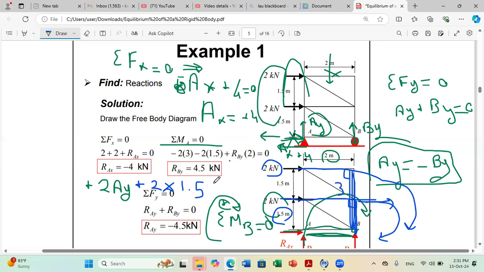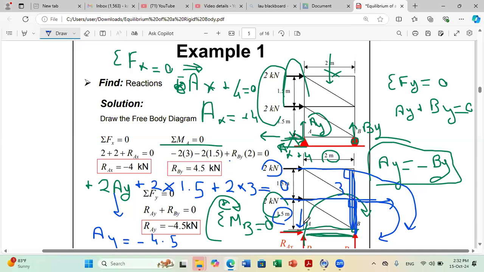So plus 2 times 3 equals 0. So I deduce from this equation that ay is negative. This means that I selected a wrong sense for ay. Ay should not be up, it should be down. So ay is downward.